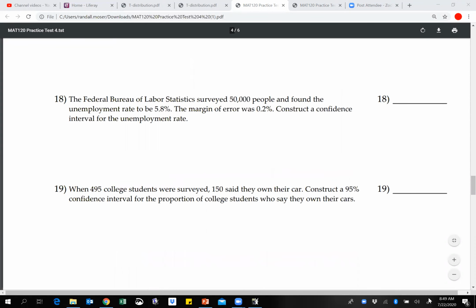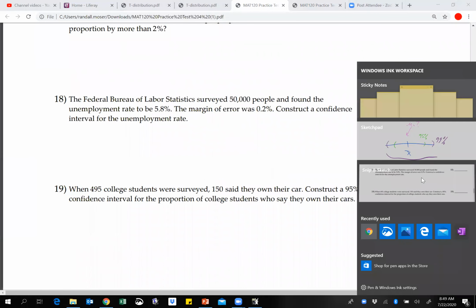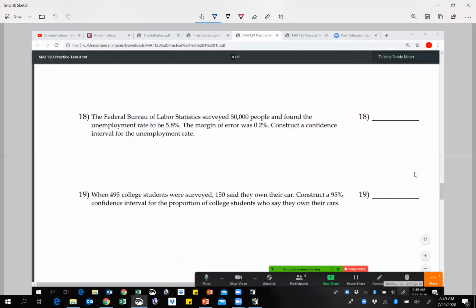But when we came up with this, remember, we already said that we know that the point estimate p hat was equal to 0.058, and they gave us the only other thing we need, which is 0.002.